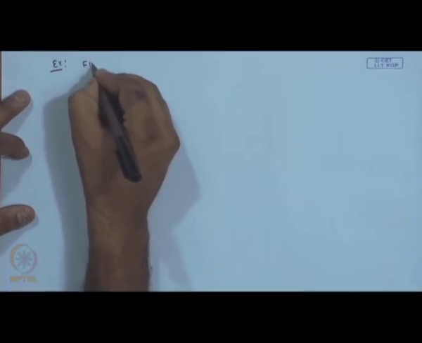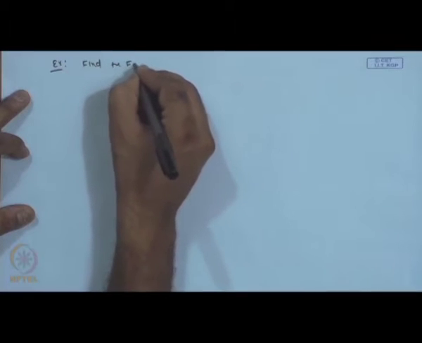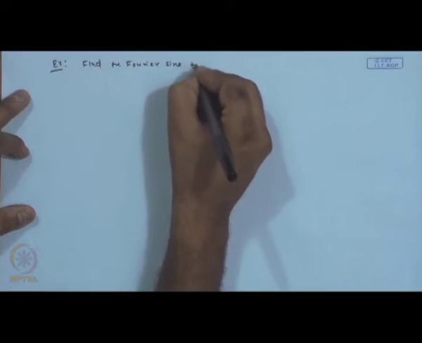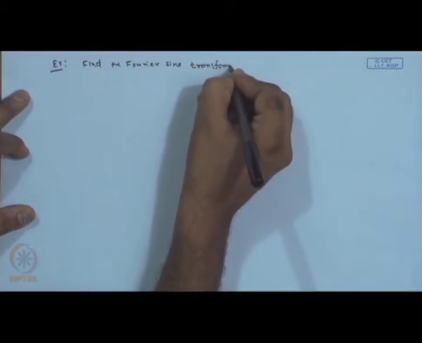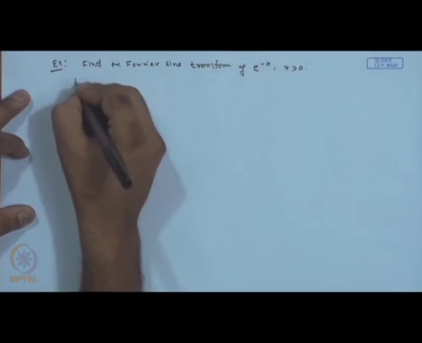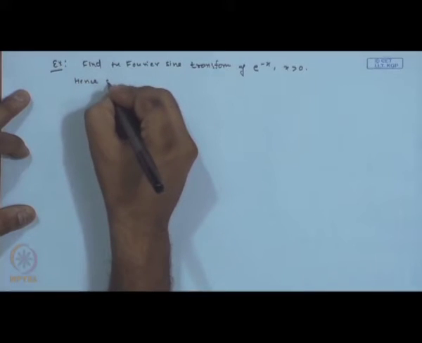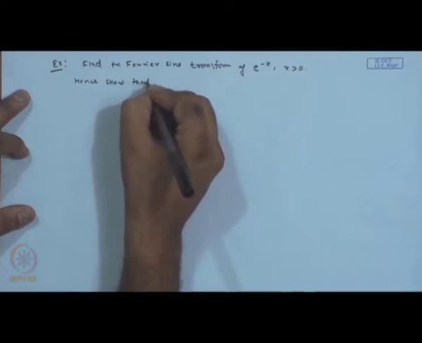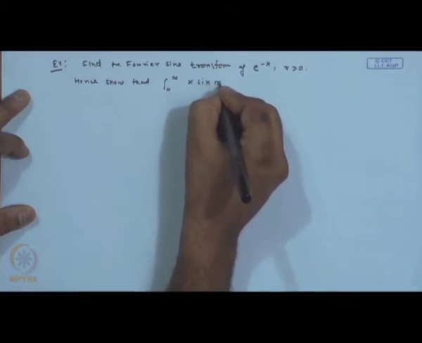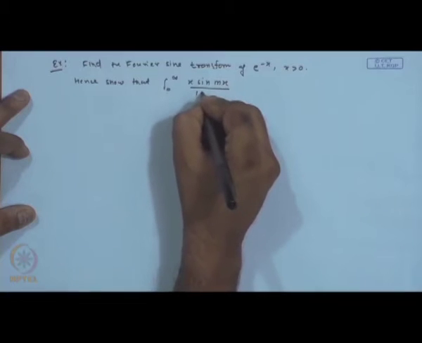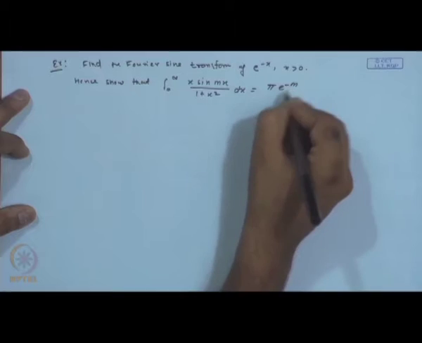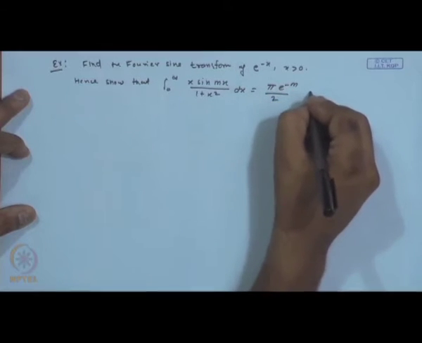Find the Fourier sine transform of e to the minus x, x positive, and then show that the integral from 0 to infinity of x sin mx over 1 plus x squared dx is pi e to the minus m over 2, m positive.